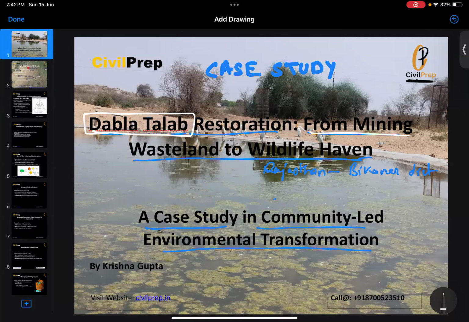The mines are majorly associated with number one, copper, number two, tin, number three, lead, number four, chromium, and number five, limestones. So this is providing us various metals. There are certain non-metals also, which help the region drive the economy. But at the same time, it is also resulting in the devastation or degradation of the land.